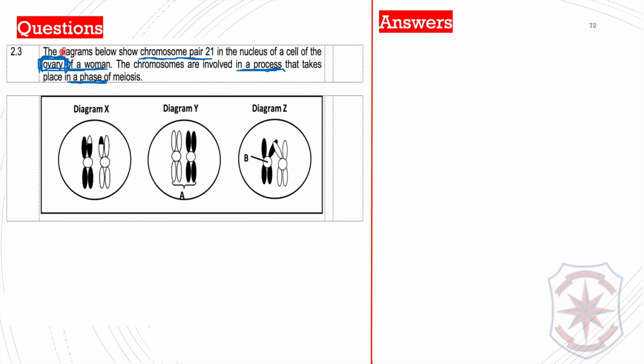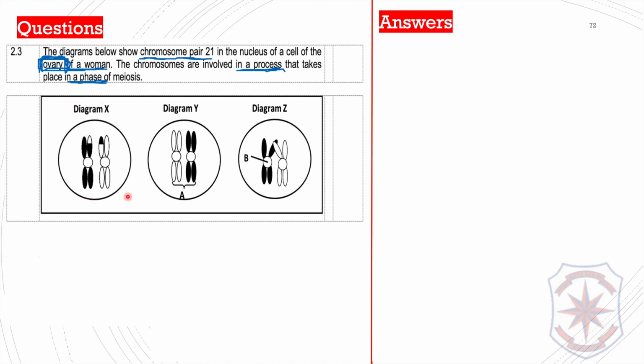It's a cell of the ovary, or that makes up the ovary of a woman. The chromosomes are involved in a process, so it's our job to identify the process that takes place in a phase of meiosis. All right?